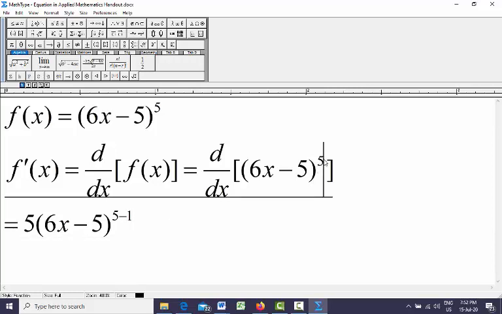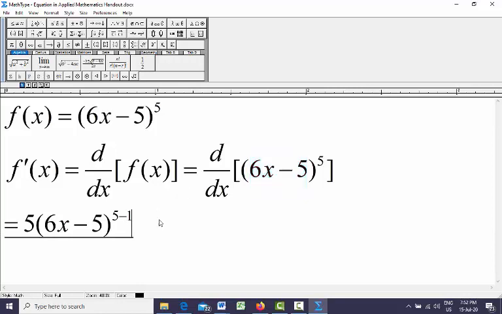Now you have already processed this one, so you have already unlocked it. The power is done, so now you can process the inside materials.